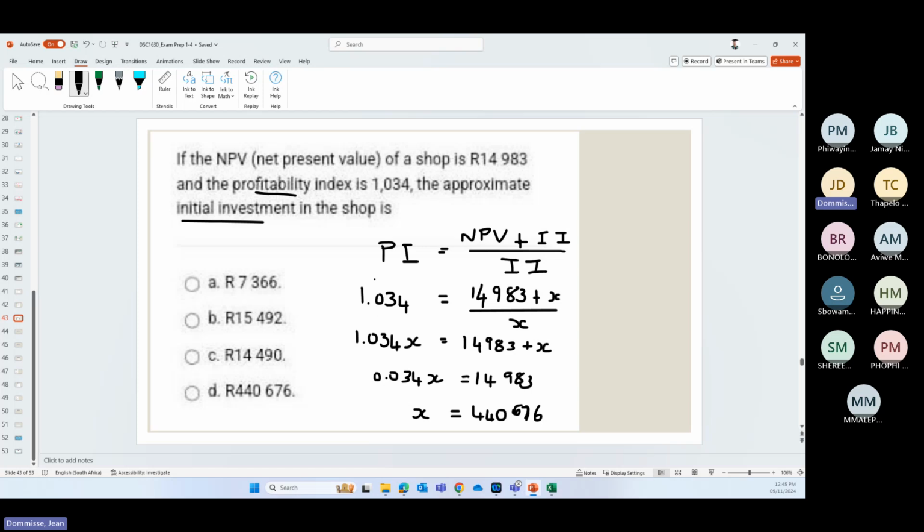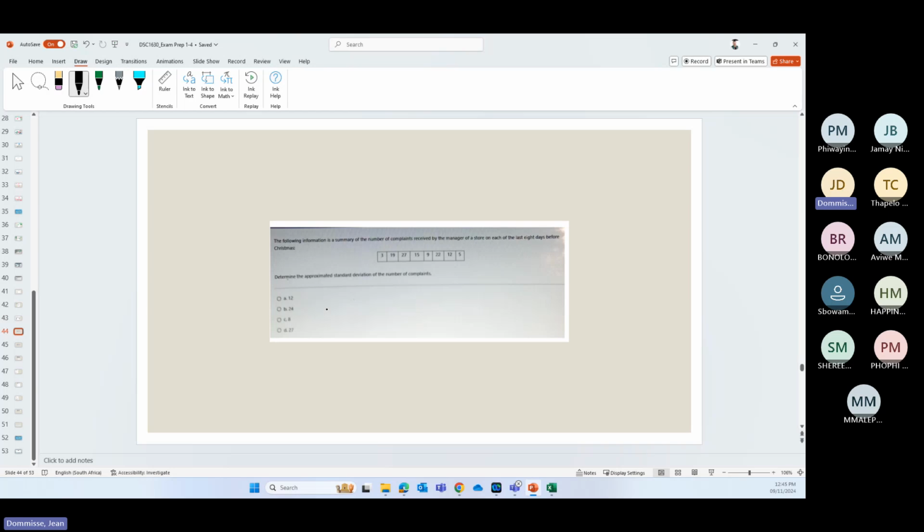Here we can't see it straightforward because of that individual initial investment that might be higher or lower. Okay, so again, just a different way of looking at the net present value and the profitability index, so that we nearly cover everything that is needed.